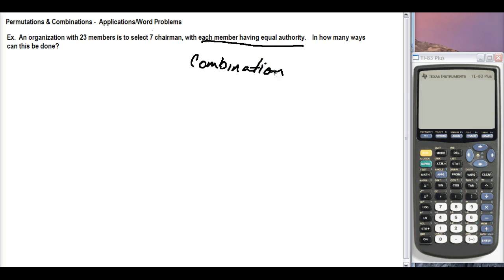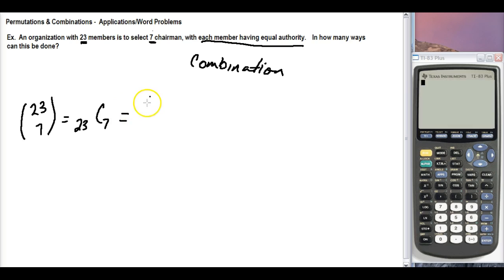So we will do the combination of 23 members selected 7 at a time. And so we could either use this notation or we could use this notation for it.